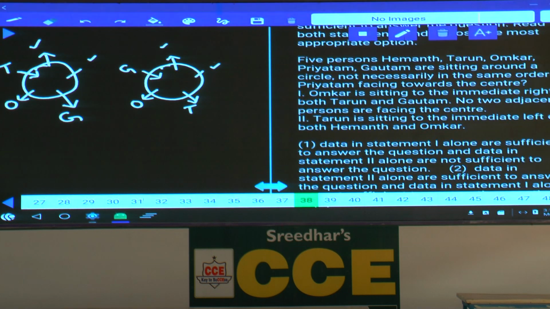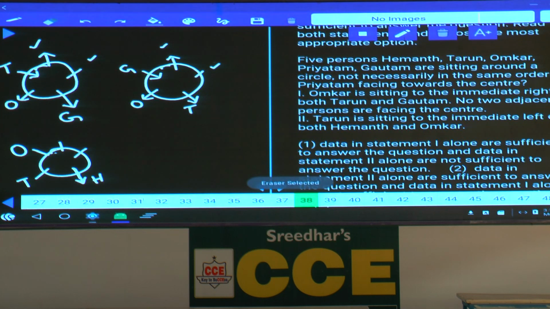Then coming to only condition number 2 alone. Tarun is sitting to the immediate left of both Hemant and Omkar. Now Tarun is to the immediate left of whom? Immediate left of Omkar and Hemant. Then left hand side. Immediate left of both, immediate left of these two persons.